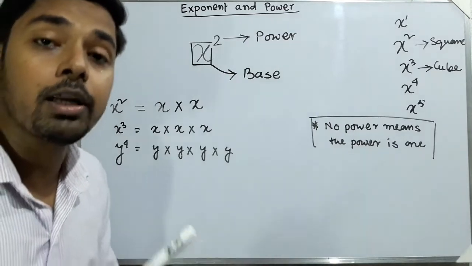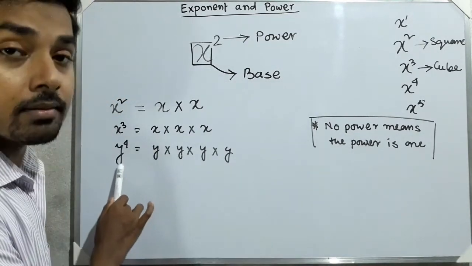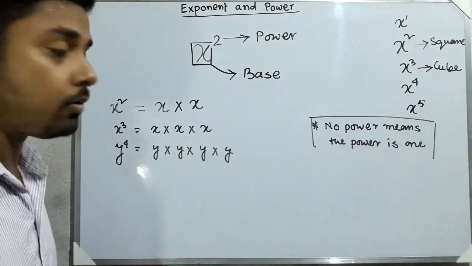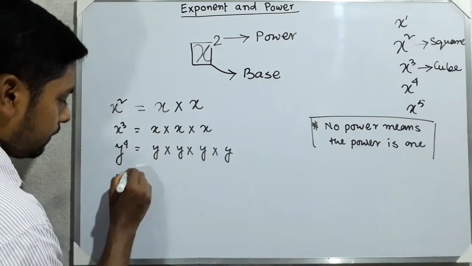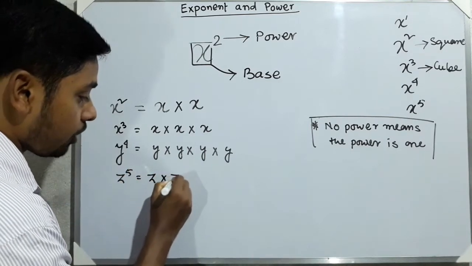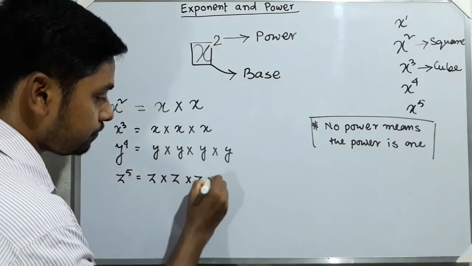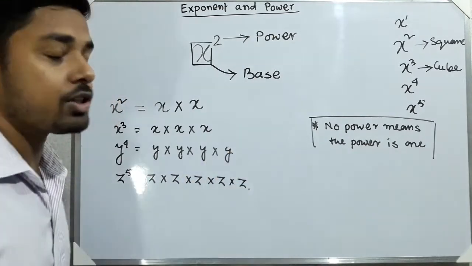As per the power, you have to multiply the number, and you have to multiply the same number, only the base. Okay? So similarly, z to the power 5, can you tell? 5 times multiplication of z. Clear? This is the basic information.